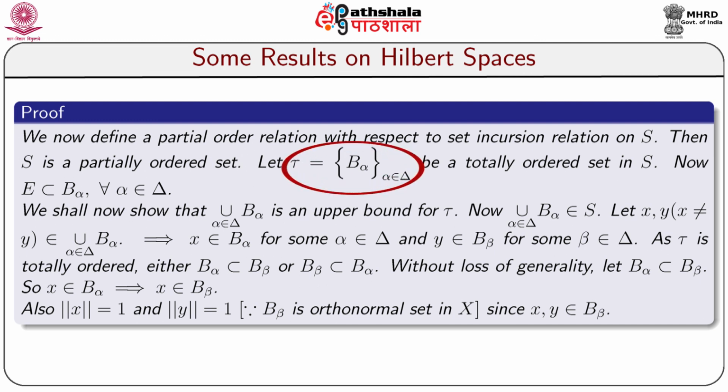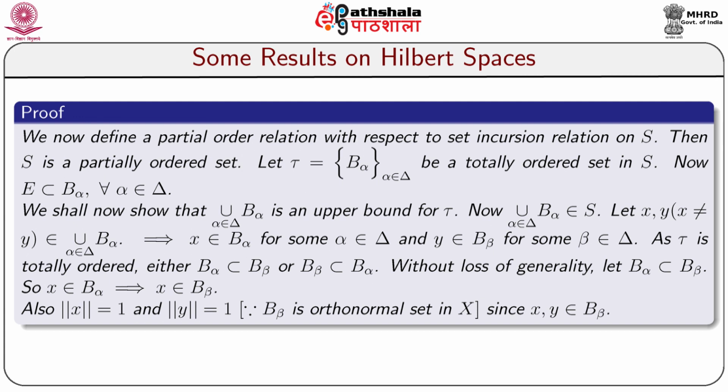Let tau be a family of all such sets B alpha, where alpha belongs to delta, be a totally ordered set in S. Now, E is a subset of B alpha for all alpha belonging to the indexing set delta. We shall now show that the union of B alpha, where the union is taken over alpha belonging to delta, is an upper bound for tau.